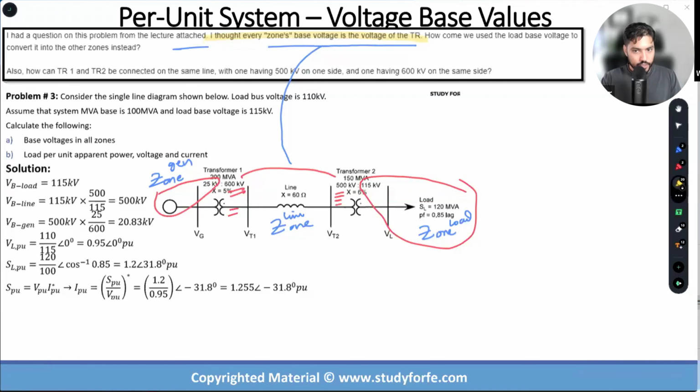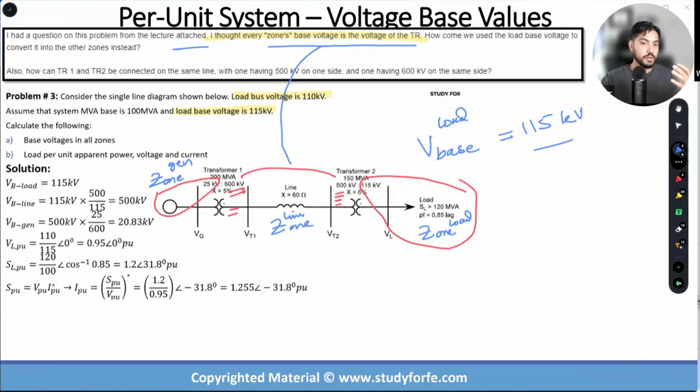The load bus voltage is 110 and the load base voltage is 115. So the problem statement from the get-go is telling you to establish the V base for the load as 115 kV.